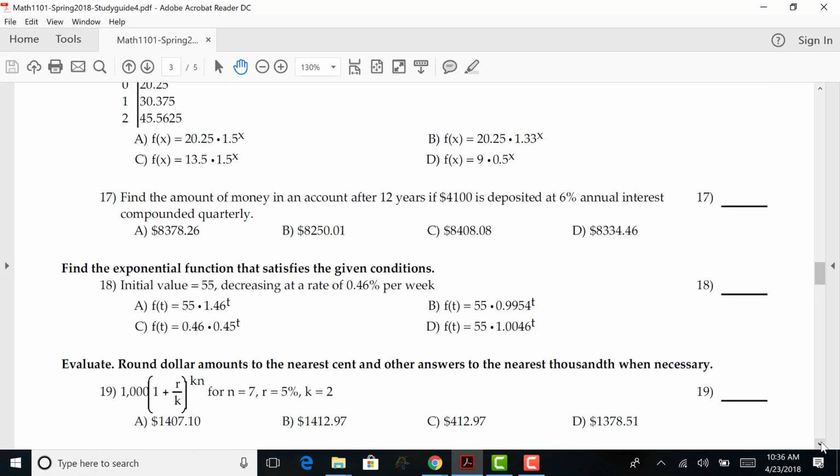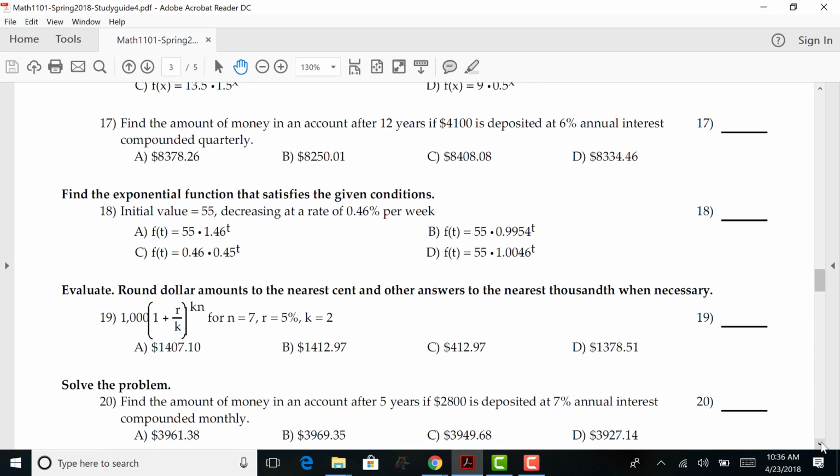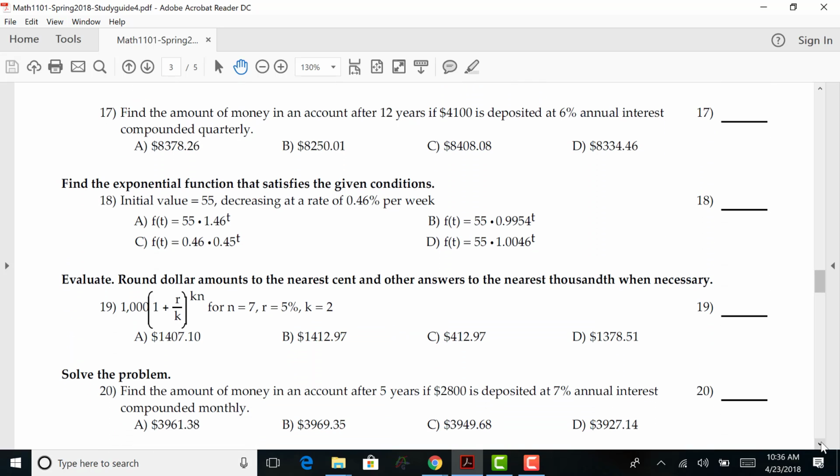Number 17 says, find the amount of money in an account after 12 years if $4,100 is deposited at 6% annual interest compounded quarterly. Do you need a formula to work off of? Yes, you do. So let's see if we remember that formula. How much money did you invest? $4,100. That's your principal amount of money that you started with.